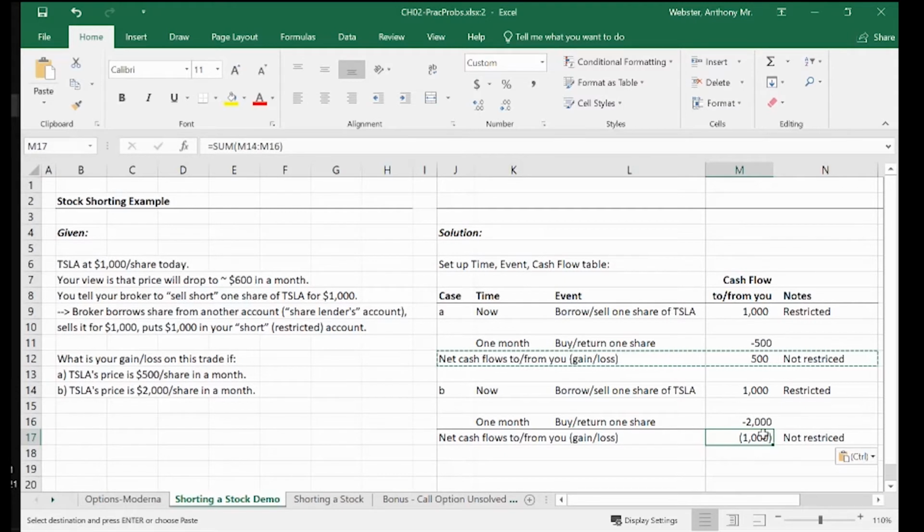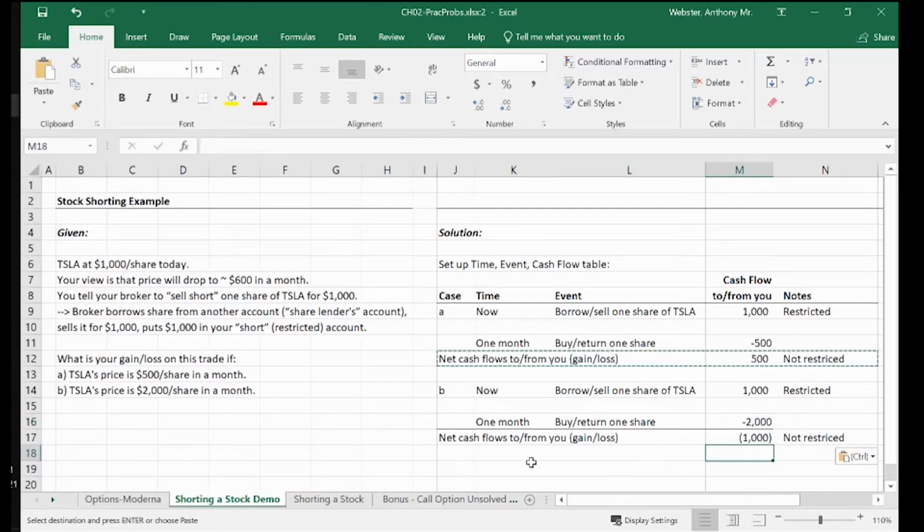So you had a cash inflow here of 1,000, a cash outflow of 2,000. Where did that 2,000 come from? Well, 1,000 of it came from this restricted account, and the other 1,000, the broker was either sitting around in cash in your account, or the broker required you to immediately wire in another $1,000 so she could go out and buy that share for you.